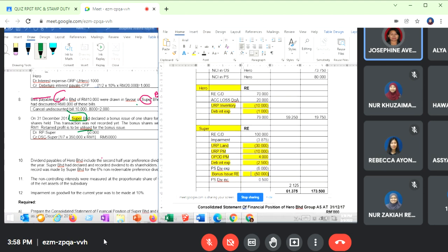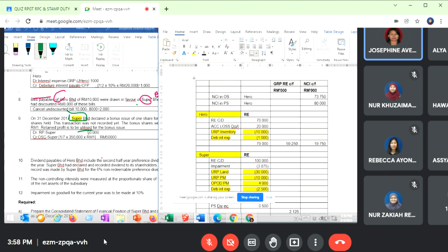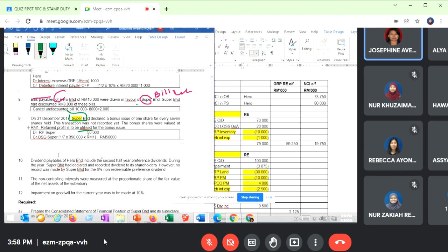If it is Super, it's retained profit of Super. At the same time, when it comes to the goodwill calculation, you will have to adjust the retained profit and the share capital if the pre-profit is utilized for the bonus issue.